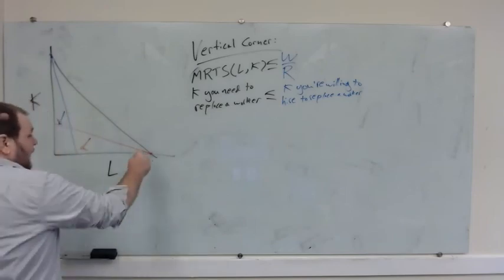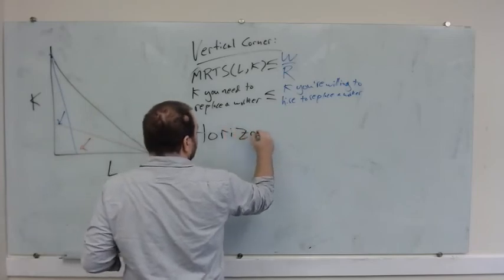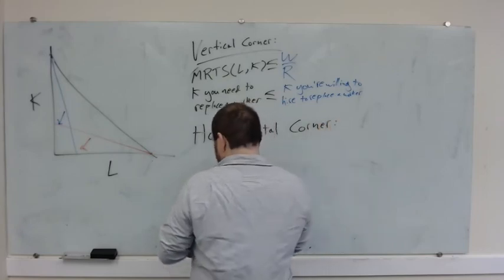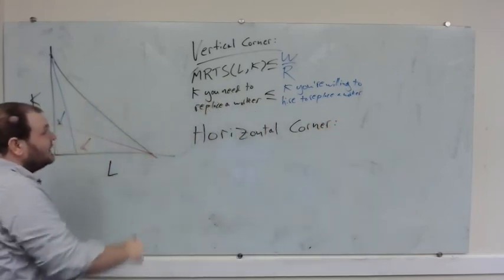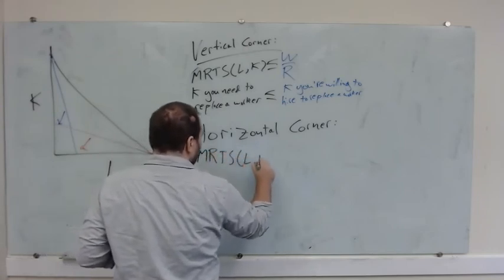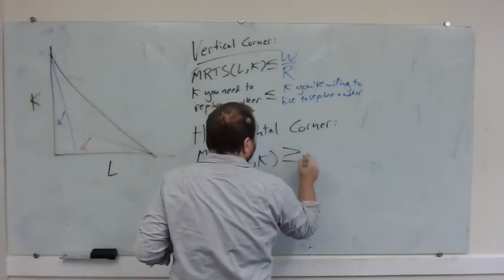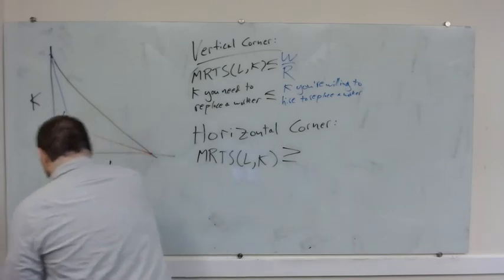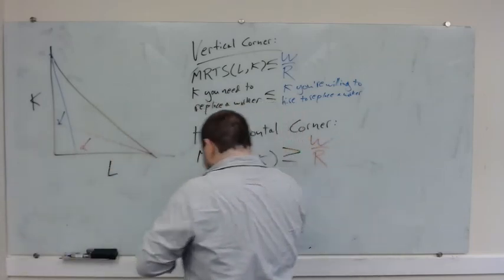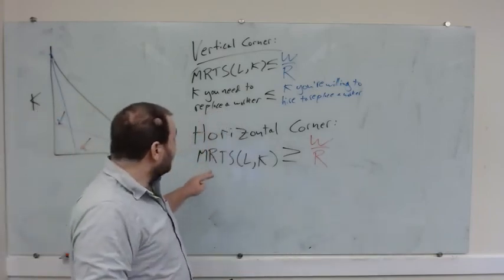How about the horizontal corner? Well, the horizontal corner, it's clear graphically that we're going to have an MRTS that's got to be steeper than our price ratio. And why does it make sense that we'd hire only workers when our MRTS is steeper than our price ratio?